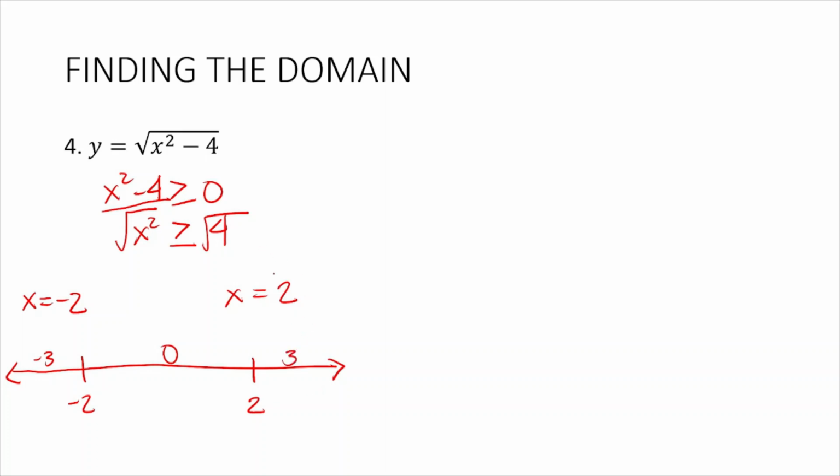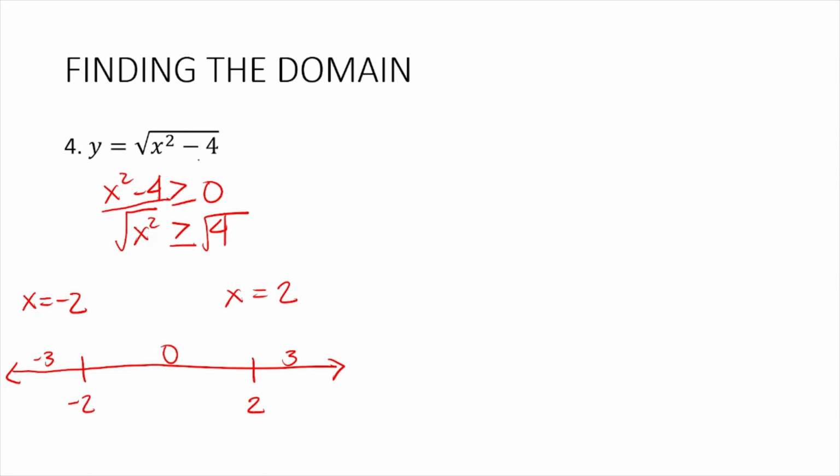Then we plug in each of these test values to our radicand and check whether the value is positive or negative. If we replace x with negative 3, then negative 3 squared is 9, and 9 minus 4 is 5. Basically, we just want to determine if the sign is positive or negative. In this case the value is positive.